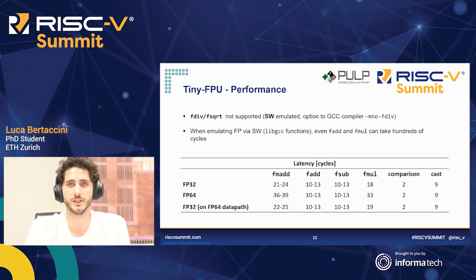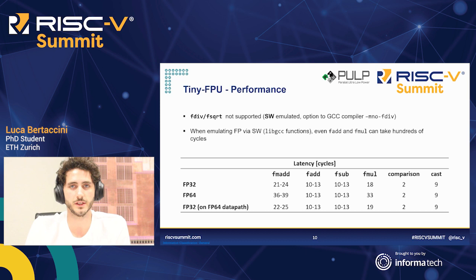The good thing about it is that the GCC compiler provides an option, for example, not to include the floating point division when it compiles the code, and when it finds a floating point division, it will directly replace it with the software emulation function for division.